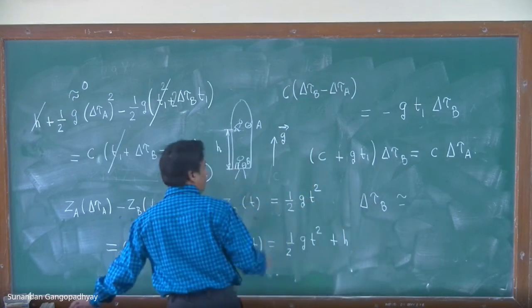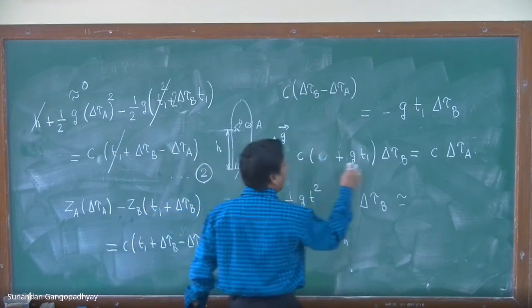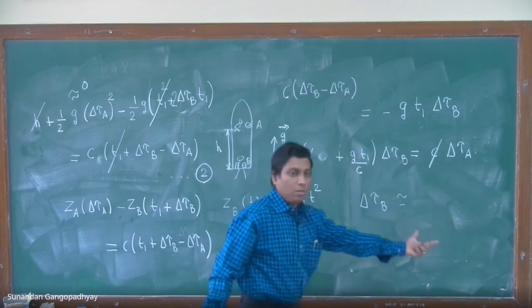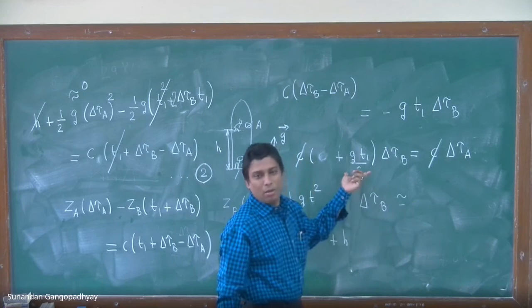So you can take this C outside, C and C cancel. So this factor goes down, and you assume that GT1 by C is small.